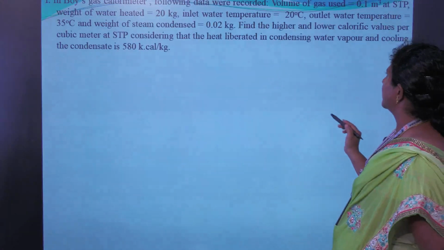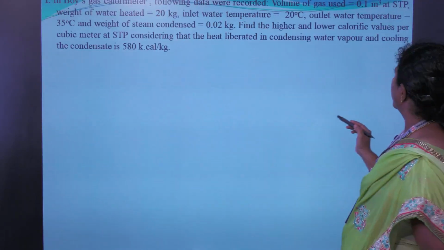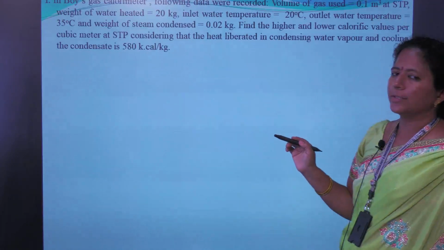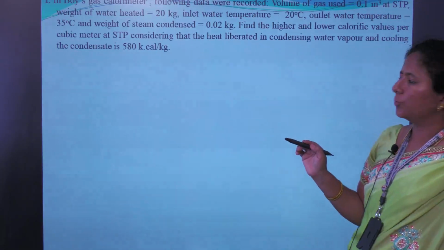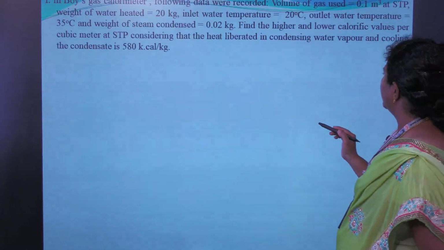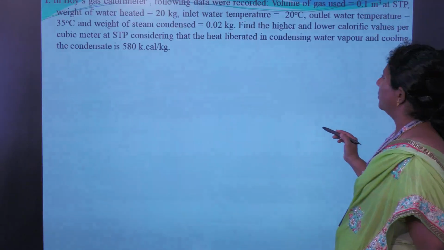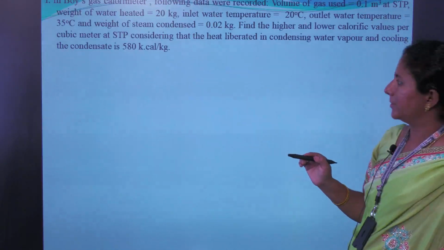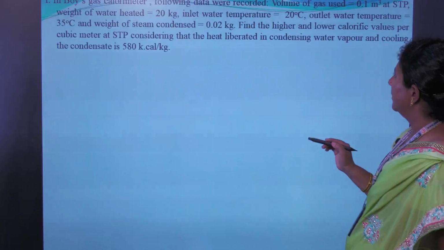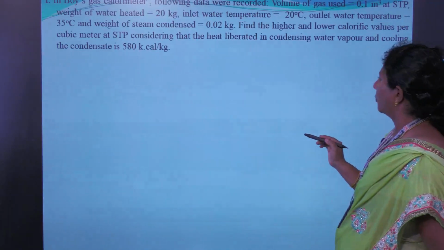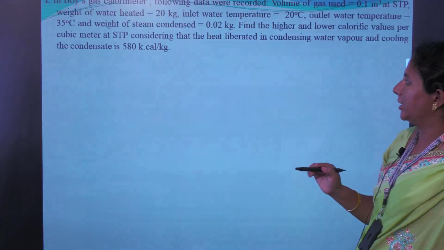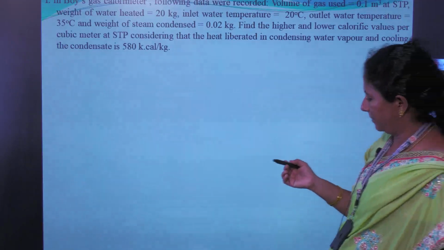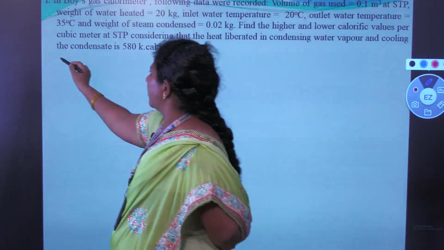Inlet water temperature is 20 degrees centigrade. Outlet water temperature is equal to 35 degrees centigrade. And weight of steam condensed is 0.2 kgs. Find the higher and lower calorific values per cubic meter at STP, considering that heat liberated in condensing water vapor and cooling the condensate is 580 kilocalorie per kilogram. So this is the problem given to you.